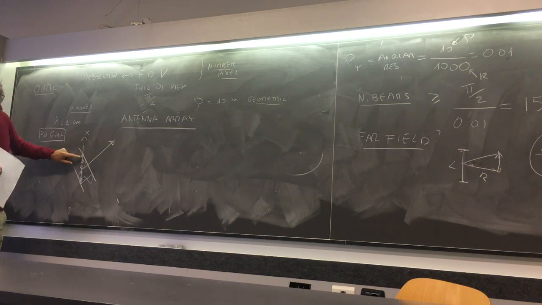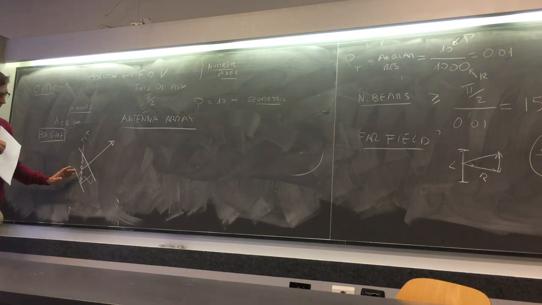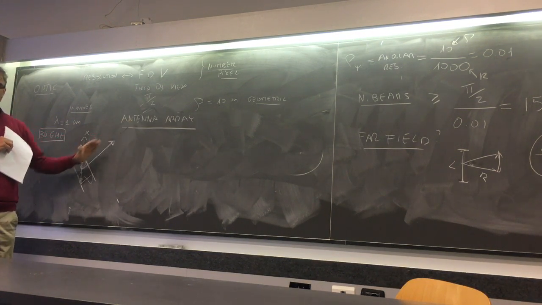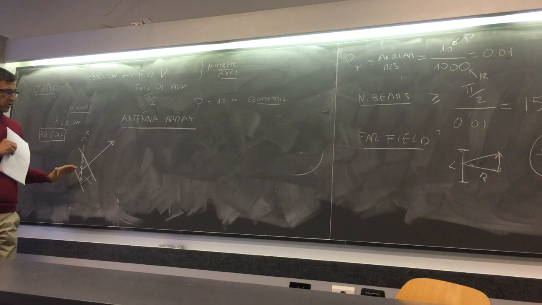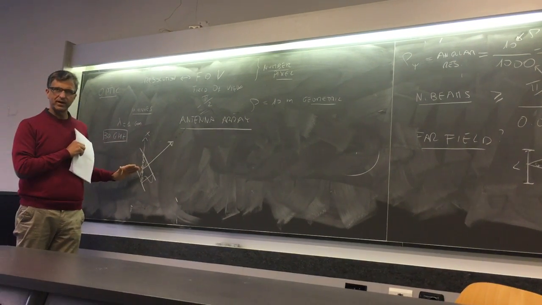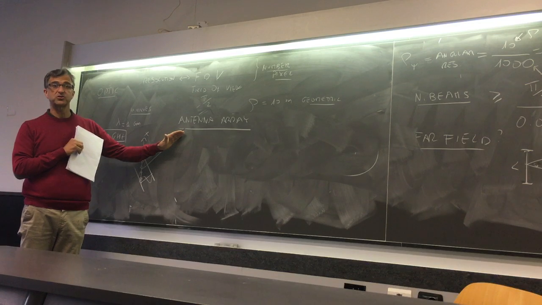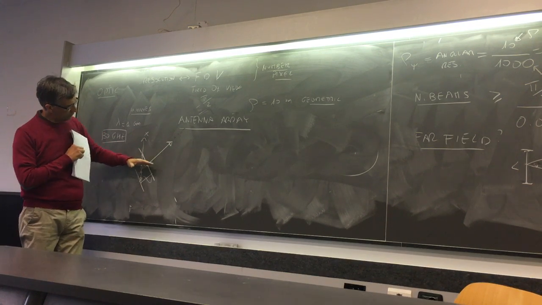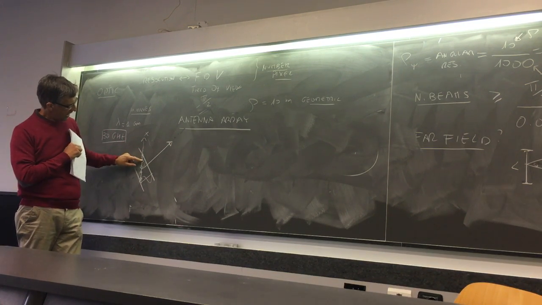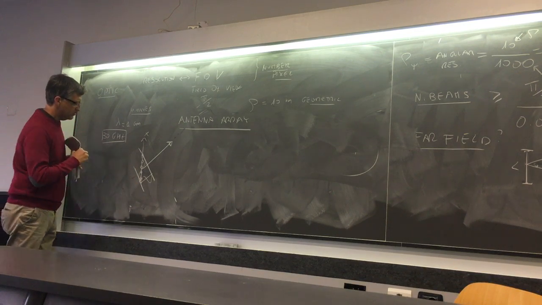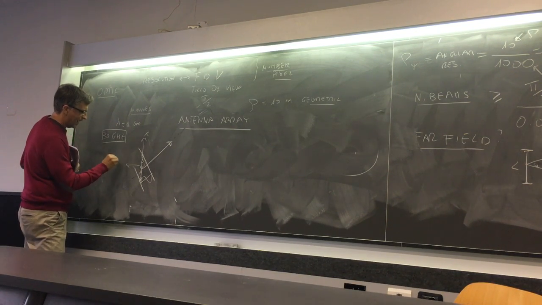So if I design the weight so that this is a sinusoid, I just excite a plane wave that goes in this direction. So I make a signal that is very directive in this direction. If I want to move the pointing in another direction, I change the coefficient. So this is very simple to do simultaneously.